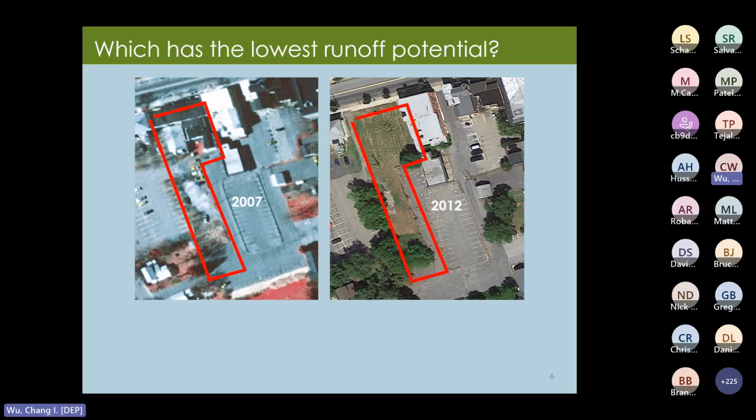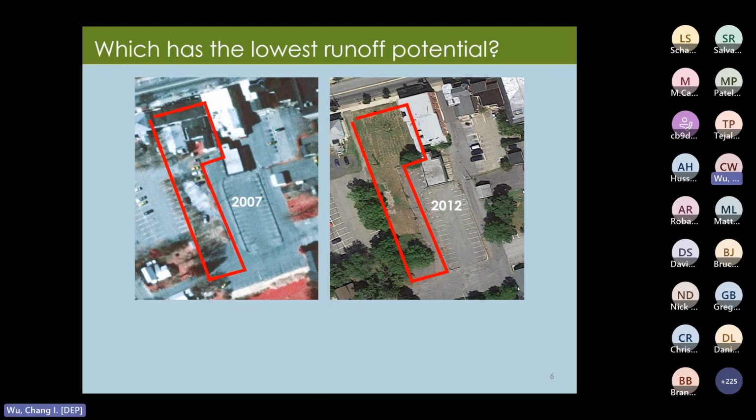But if based on the land cover immediately before the application was submitted to the township for review, if they put buildings and pavement on those vegetated areas, there would be an increase of impervious surface or regulated motor vehicle surface.